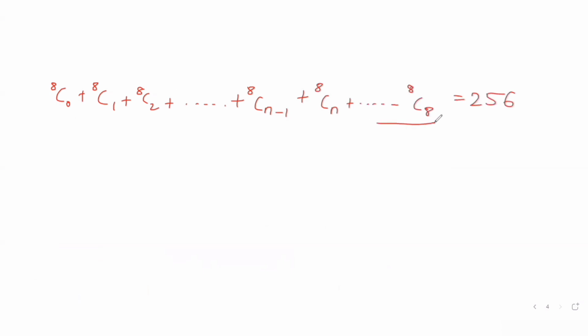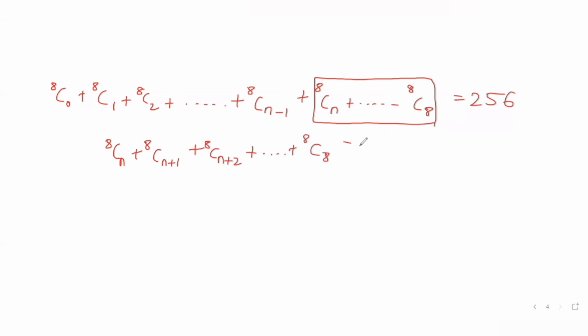So I can write this entire list of 8Cn till 8C8, 8Cn plus 2 till 8C8 as 256 minus (8C0 plus 8C1 plus 8C2 plus 8C3 till 8C(n minus 1)).